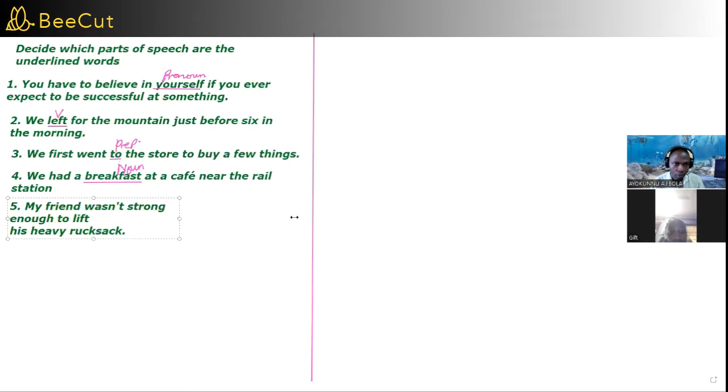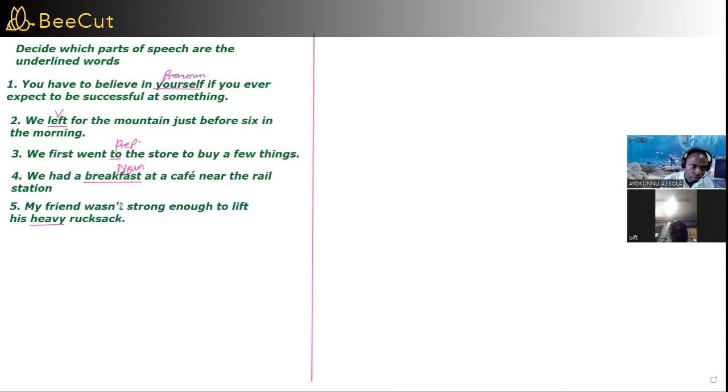What I'm going to underline here is heavy. So what part of speech is heavy? Heavy rucksack. Adjective. Very good, because it's telling us the kind of rucksack. So let me write it there: adjective.